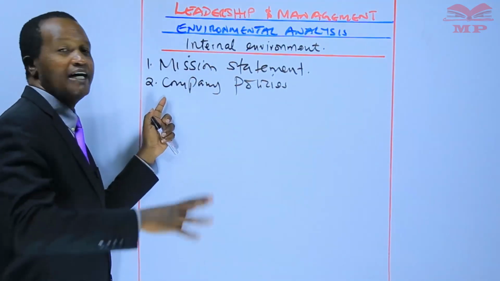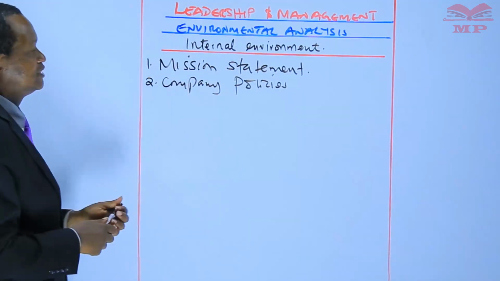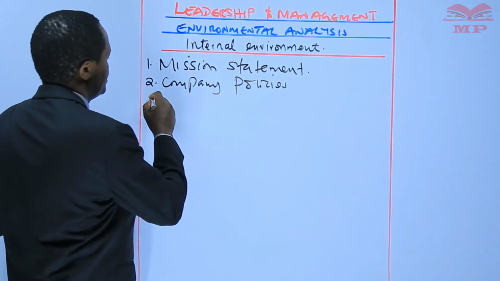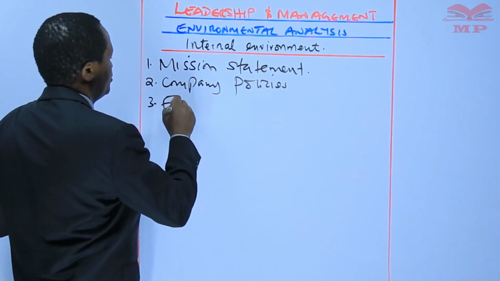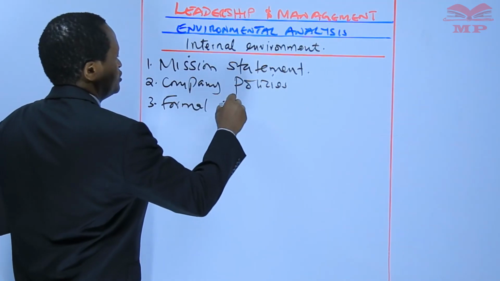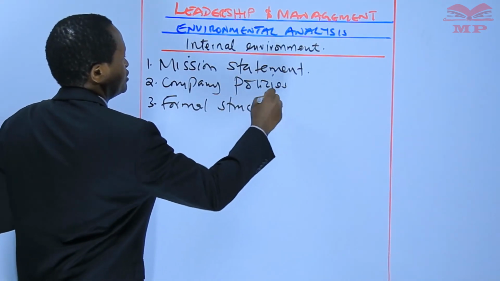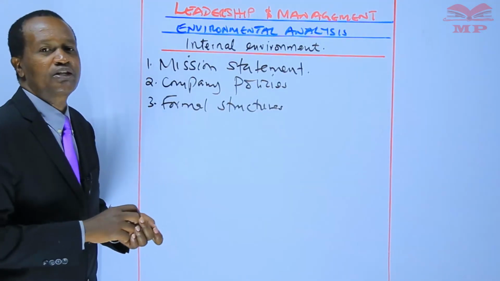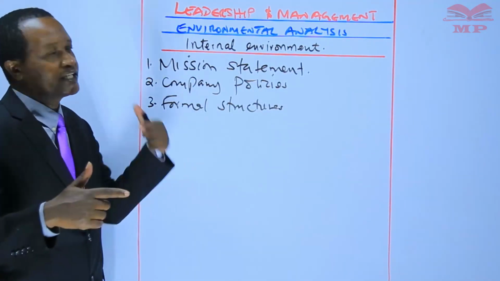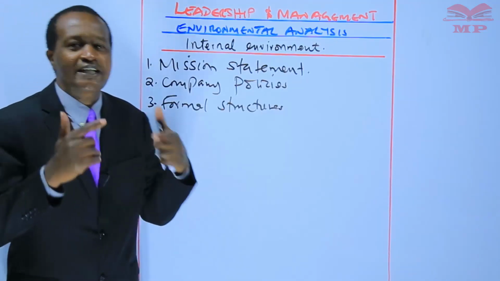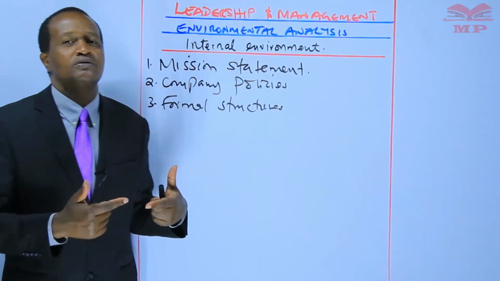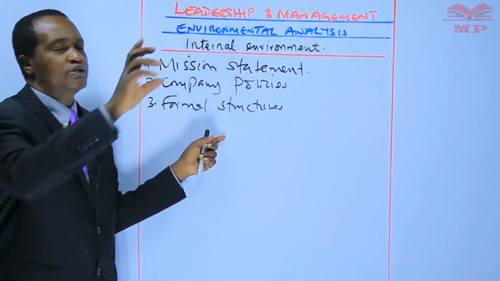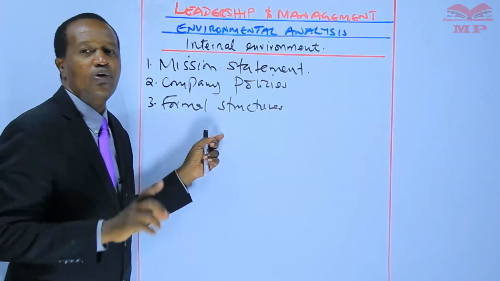So policies are guidelines. Then related to company policies, we have number three, formal structures. Now, the formal structure of an organization is the hierarchical arrangement of tasks and people. And the structure determines how information flows within the organization.